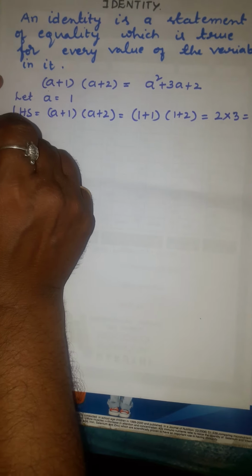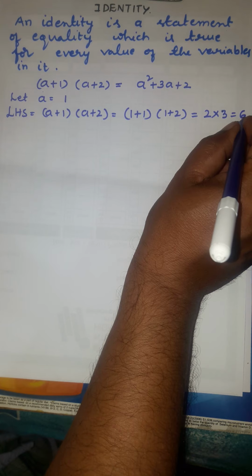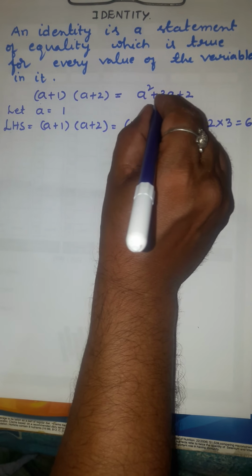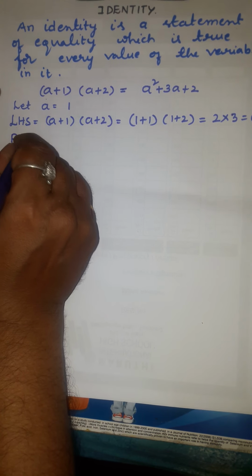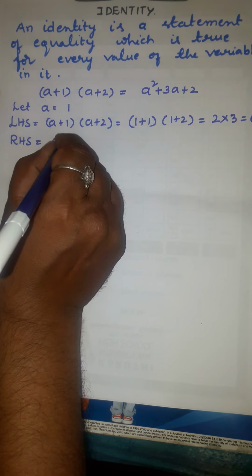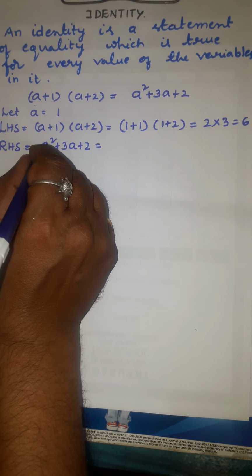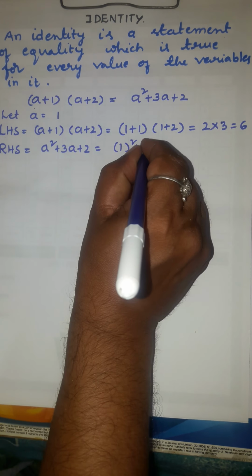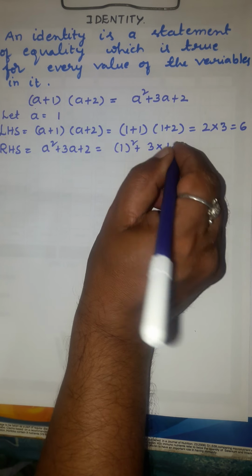So left hand side, LHS means left hand side of the equation. So we get 6. Now what do you have on the right hand side of the equation? A square plus 3a plus 2. RHS is a square plus 3a plus 2. So in the place of a put 1: 1 whole square plus 3 into 1 plus 2.